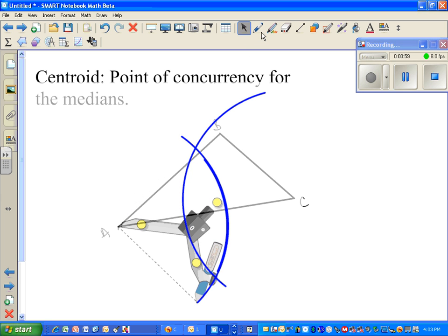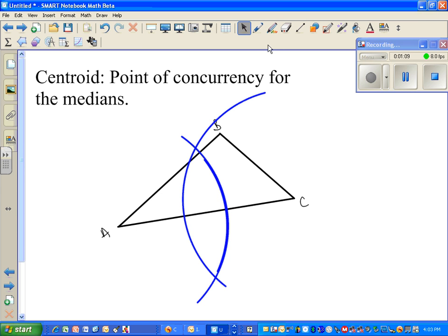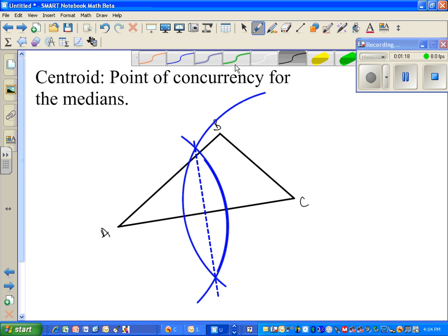Okay, now, of this line segment, all I really need is the midpoint. So I can draw the entire line segment if I like, but what I really need is the midpoint. So what I care about here is this point right there.